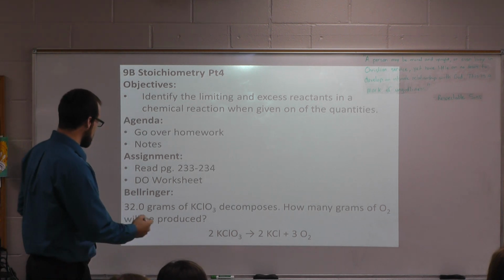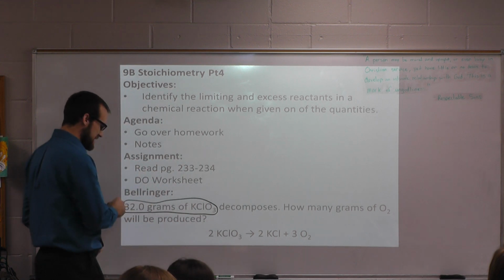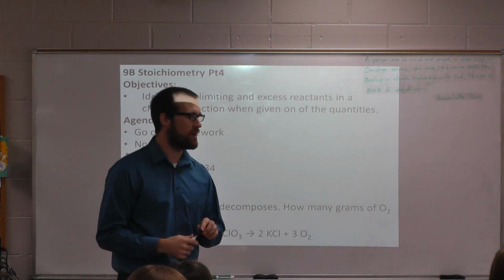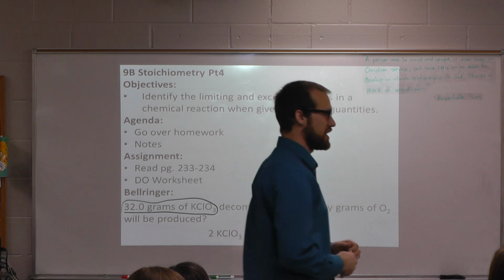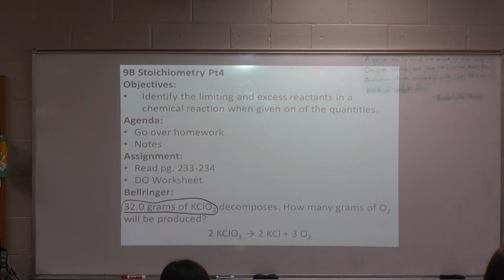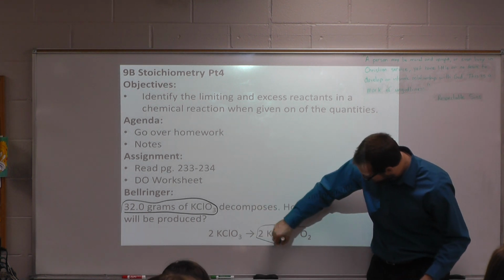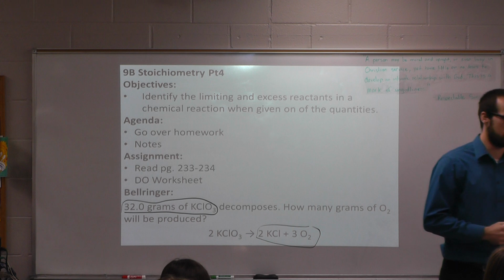It says 32 grams of KClO3. What that's saying is if I were to go into a lab and I had 32 grams of that particular reactant, and I wanted to decompose it into these two products based on this chemical equation.